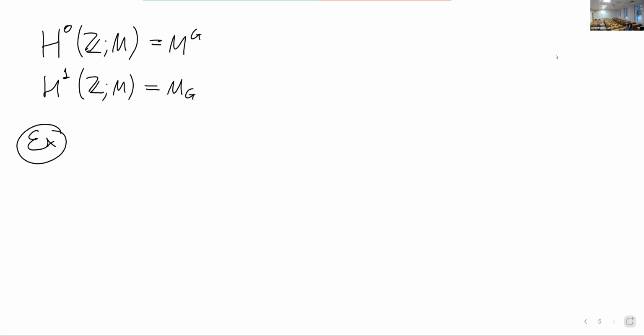Okay. So one way to prove this would be to use the resolution, and another way would be to use the Poincaré duality for the circle, but with non-trivial local systems.